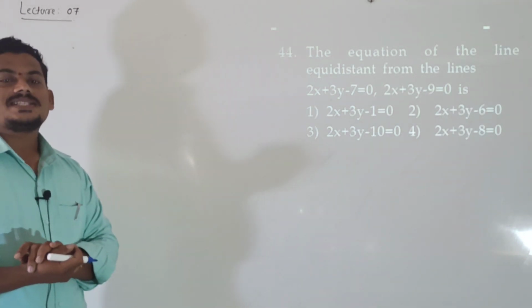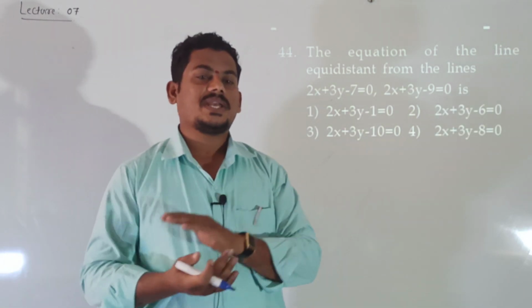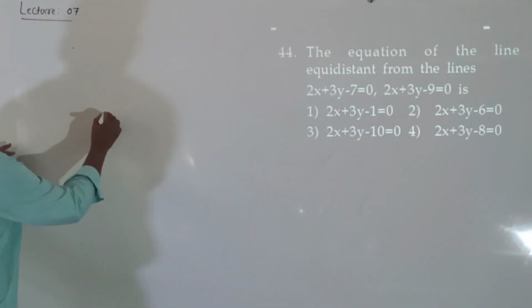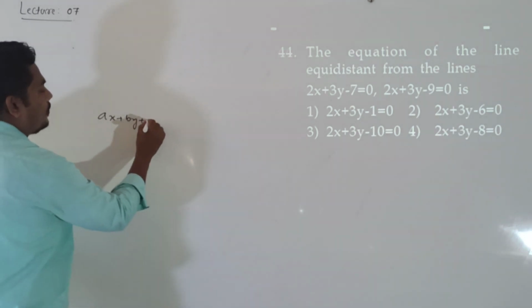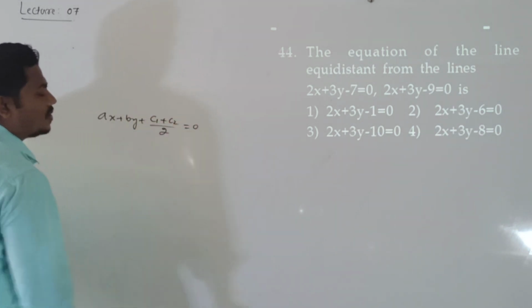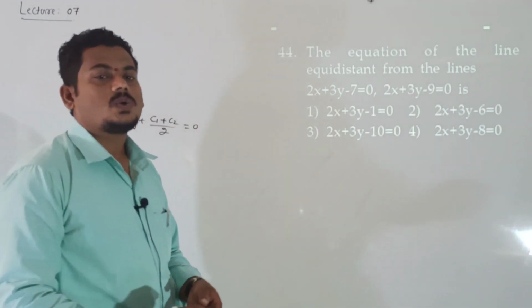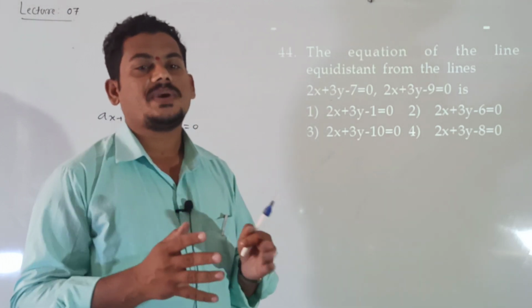The equation of a line which is parallel to the given two lines and lying midway between them. Equidistant means midway only. The required formula is ax + by + (c1 + c2)/2 = 0.